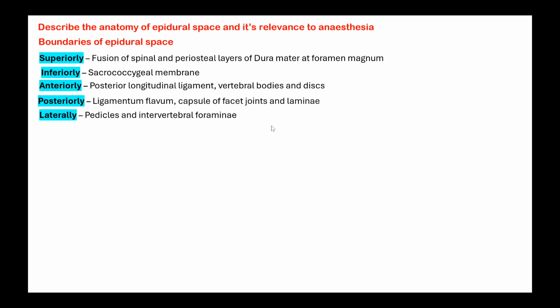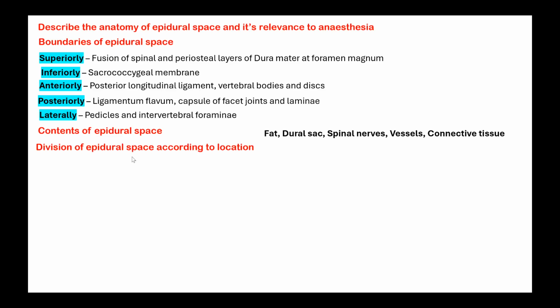The space extends there, which is why when you inject the drug, it not only travels along the potential epidural space between the two layers of the dura, but also seeps along the spinal nerves going there, so laterally it will also spread. So it has a superior, inferior, anterior, posterior and lateral boundary. What are the contents? Fat, dural sac, spinal nerves, vessels, and connective tissue.